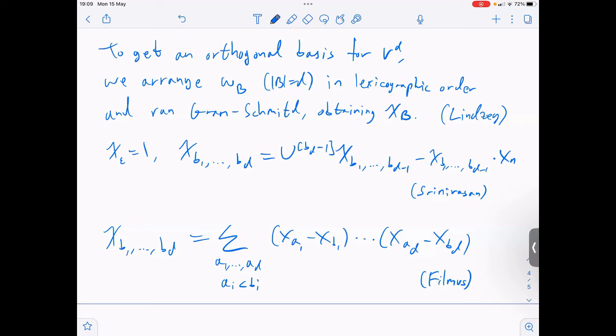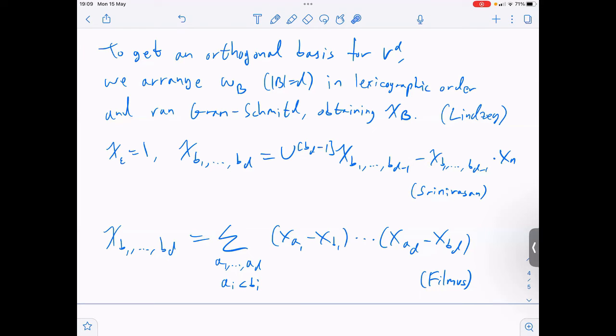Okay, so if you unroll this recursion here, assuming I wrote it correctly, then you will get this explicit form. Yeah, so if you go over all standard Young tableaux of shape n minus d, and for each one of them you write these b's, and now you compute this kind of sum, then the resulting collection of functions is an orthogonal basis for VD.